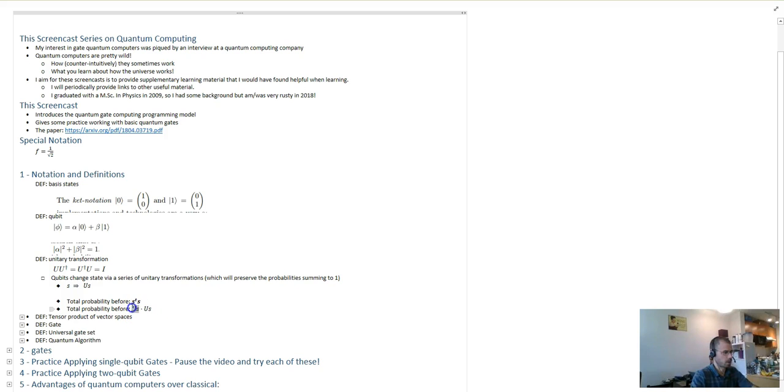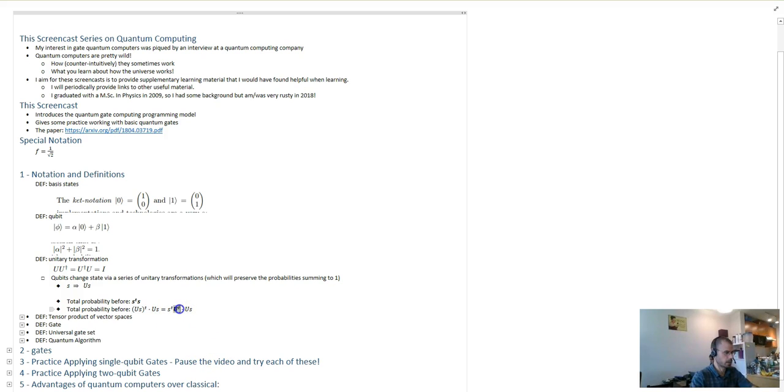Similarly, we'll do the complex conjugate and the transpose. We have that, which will just be that.